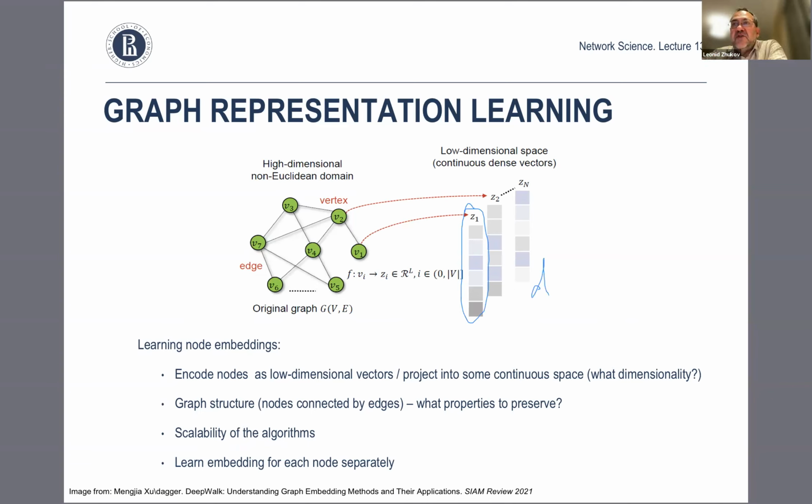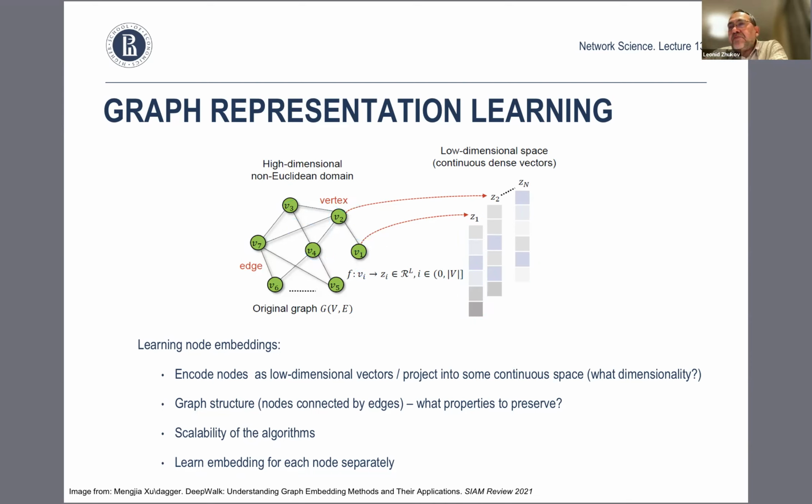We don't know what the right dimension is, but we want those vectors to contain the information about the node itself, and also probably about its connections. Maybe connections 1 step away, or maybe 2 steps away, or maybe even more. So we want to encode all the information that is needed to reconstruct the graph, or reconstruct some properties of the graph that are important for us for particular tasks.